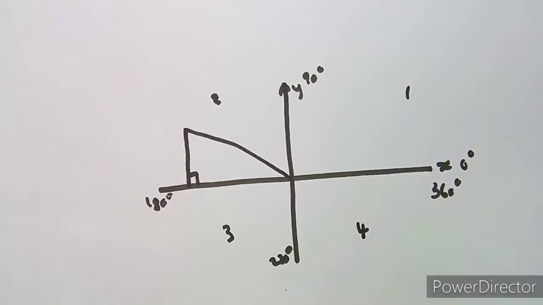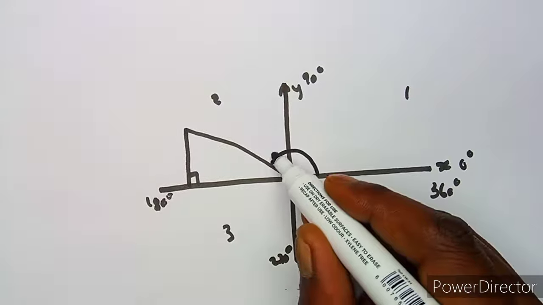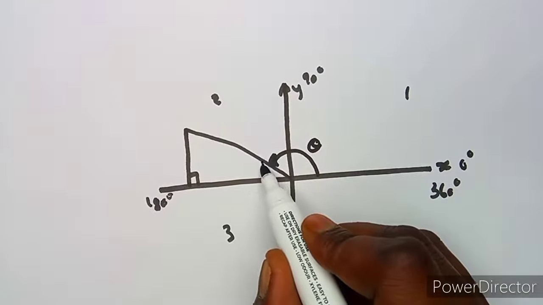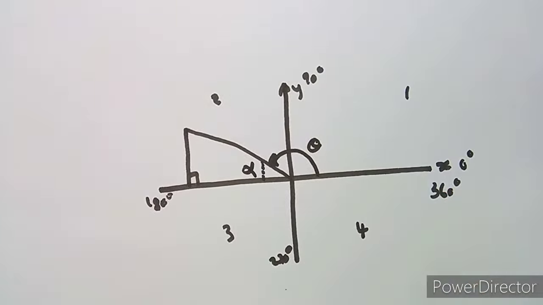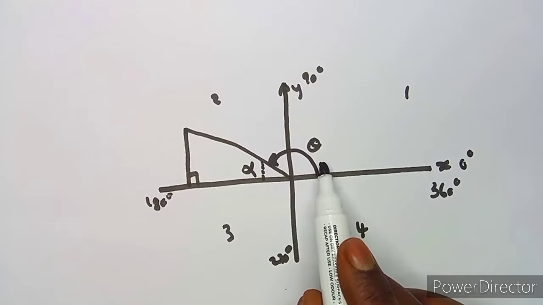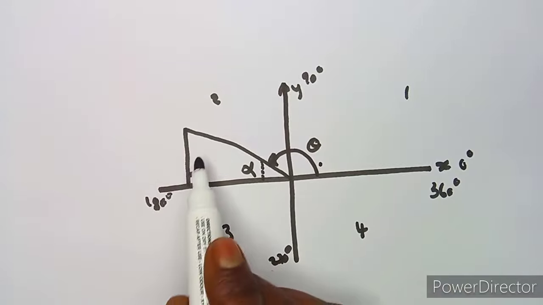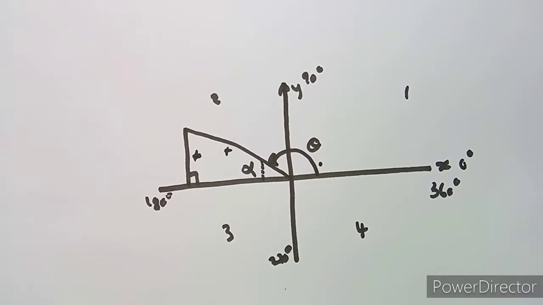So this triangle is located in the second quadrant, where theta is this whole angle, and let's say alpha is the acute angle, which plays the same role as theta. The only difference is the issue of being negative and positive. As we know, guys, on this line we are in the negative region, but the hypotenuse is always positive.